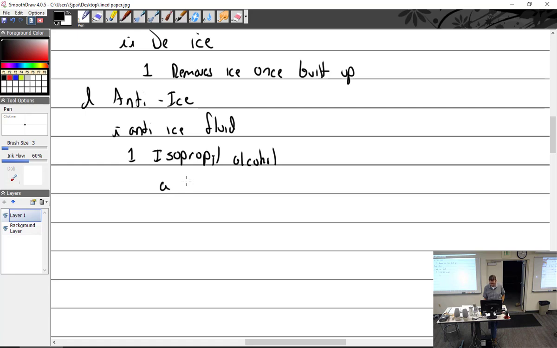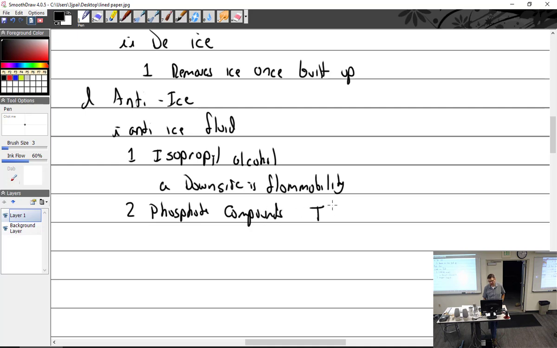Downside is flammability, or upside, depending on when you need it. Or a phosphate compound. And the system is actually TKS, right?